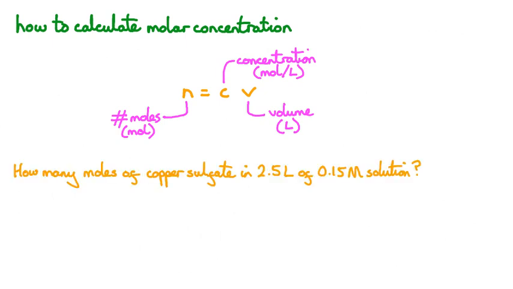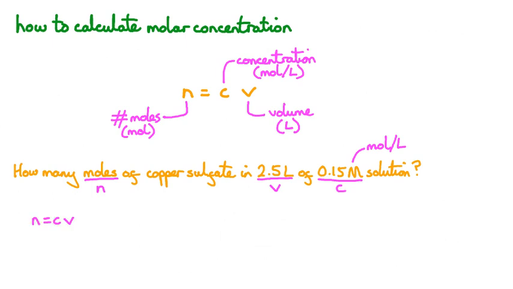How many moles of copper sulfate in 2.5 litres of 0.15 molar solution? So V is 2.5 litres and c is 0.15 molar. Molar is simply another way to write moles per litre. And we're being asked to find n, the number of moles.